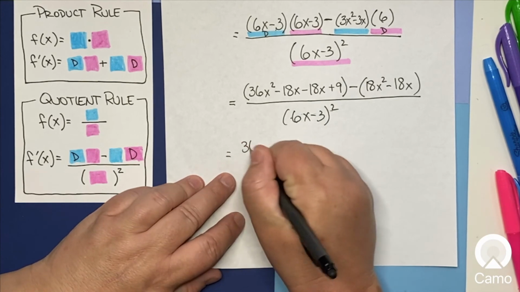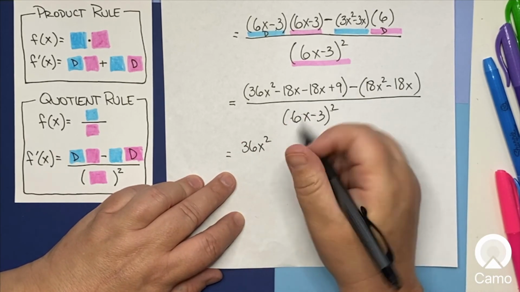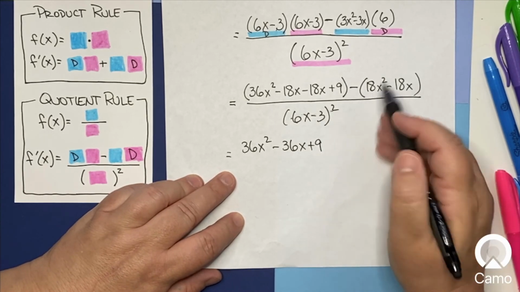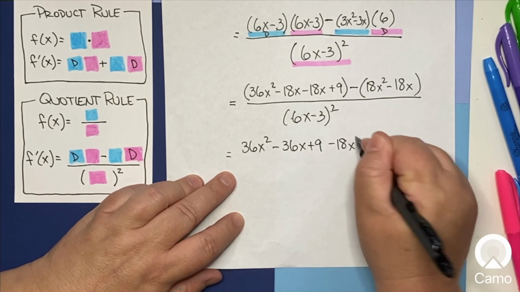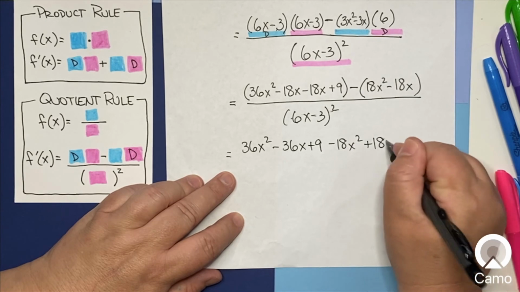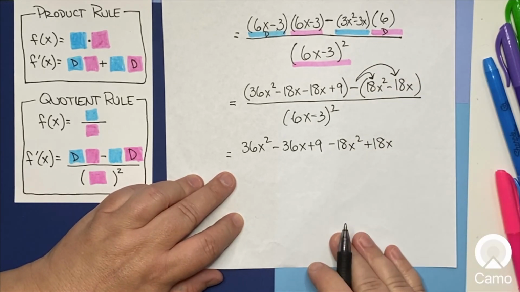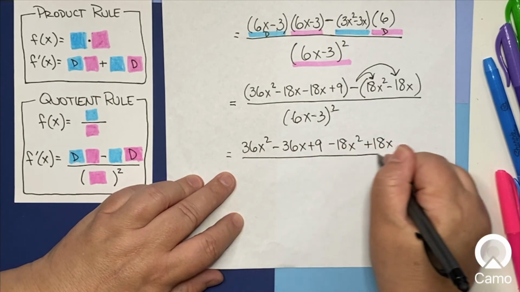Okay, I got 36x squared minus 36x plus 9 minus 18x squared plus 18x. Notice this. Remember, this is going to go all the way through and change all the signs.